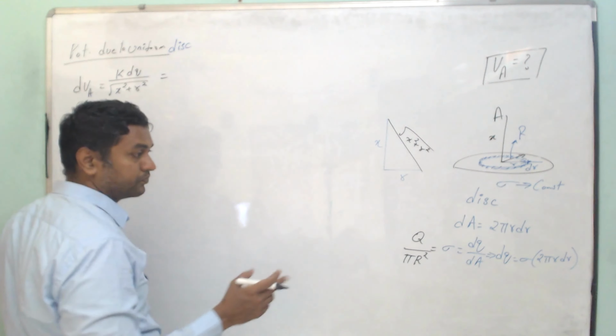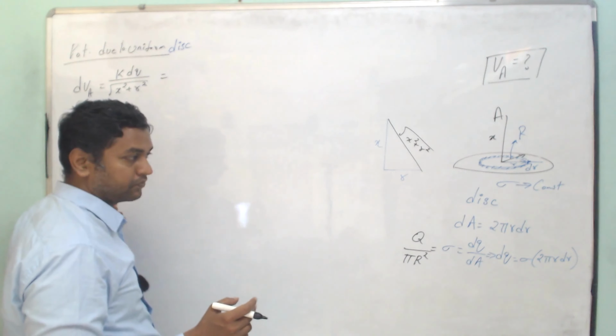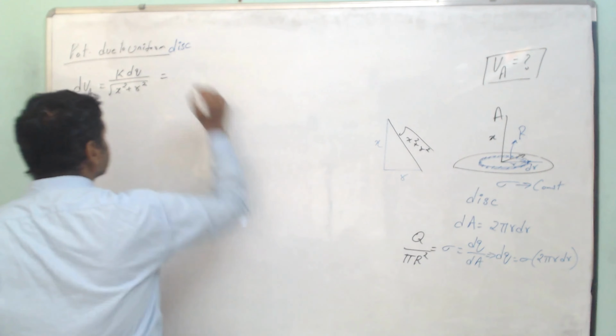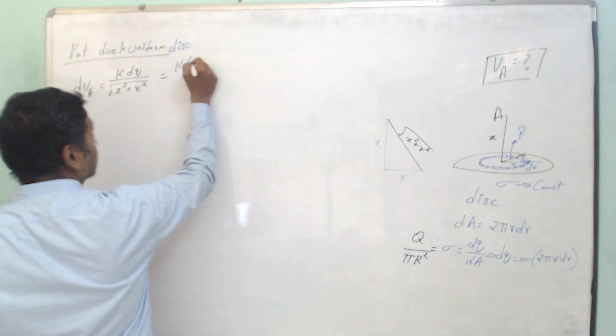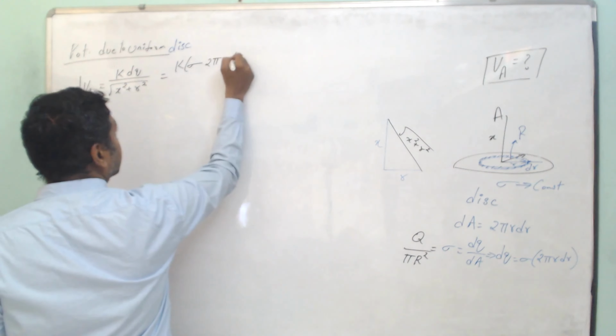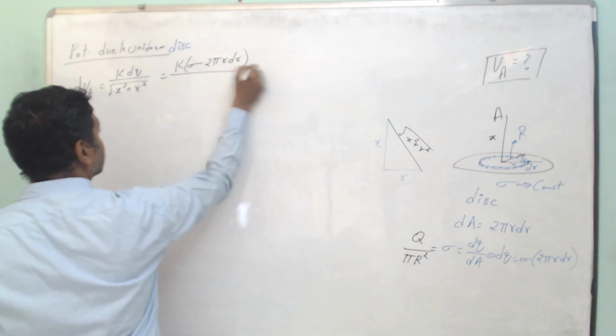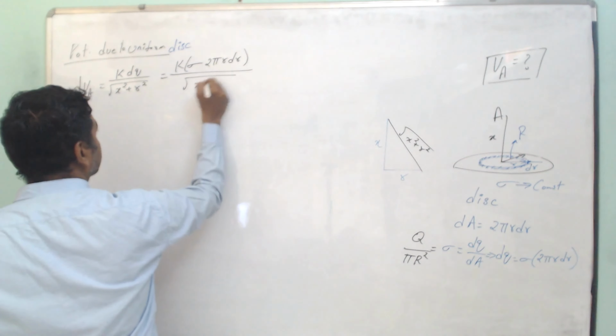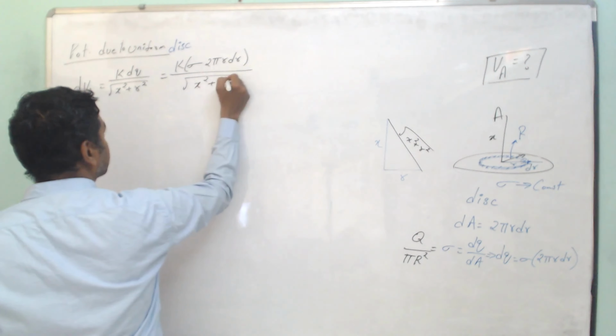So K sigma 2 pi r dr upon square root of x square plus r square. Okay, tell me what is my next step.